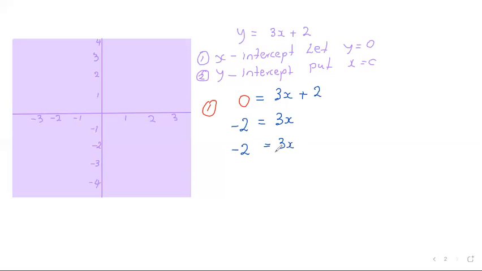We divide here by 3 because we are looking for x, not 3 of those x. So we have x is negative 2/3. When our y, we chose long time ago, is 0. There's a coordinate.